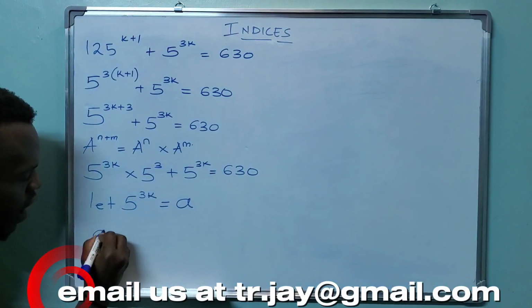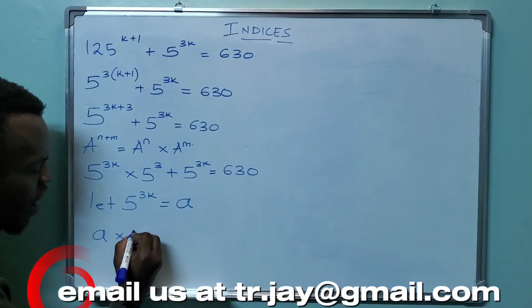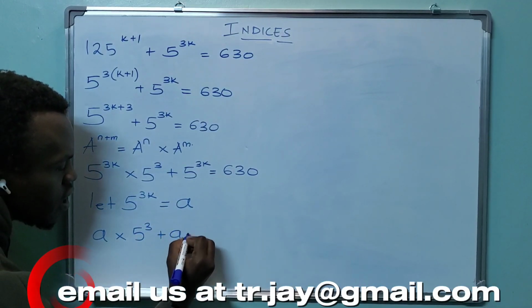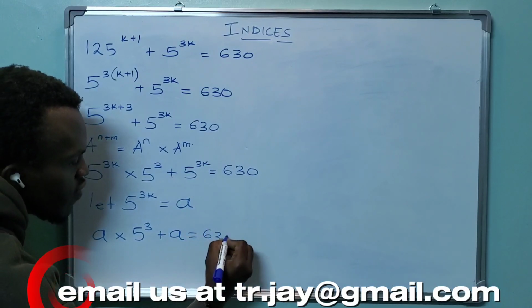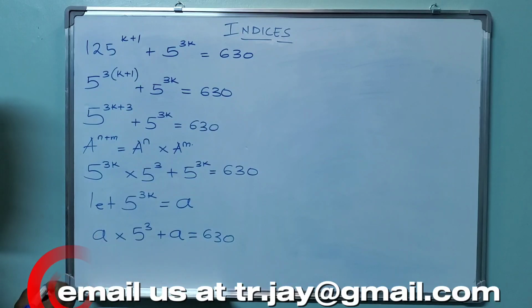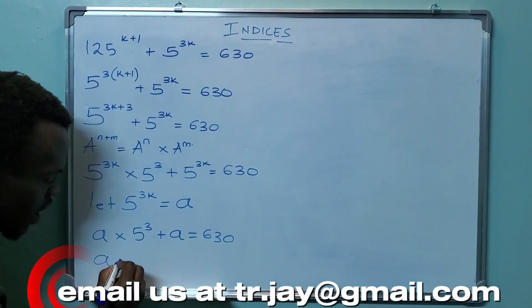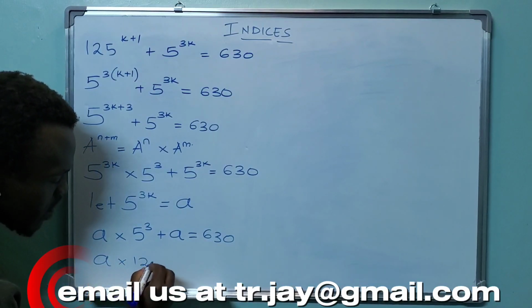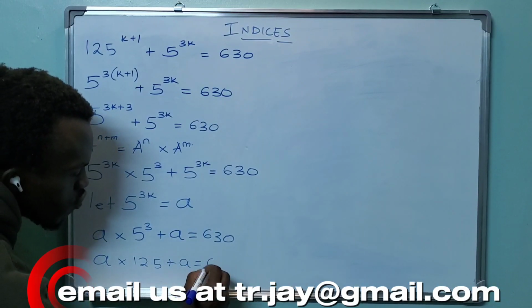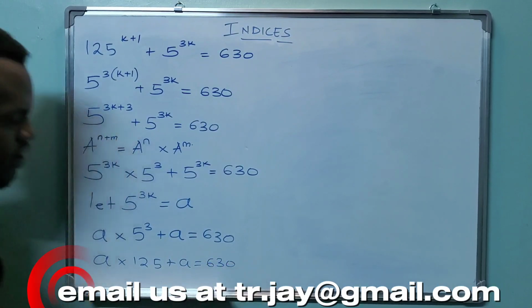So I'm going to have here a multiplied by 5 raised to power 3 plus a being equals to 630. Whereby 5 raised to power 3, that is 125. So I'm going to have here a multiplied by 125 plus a to be equals to 630.